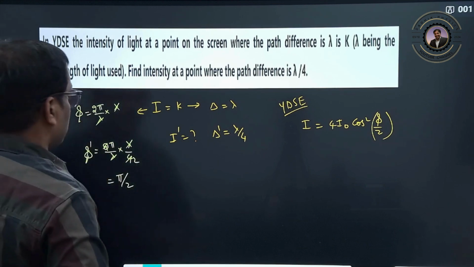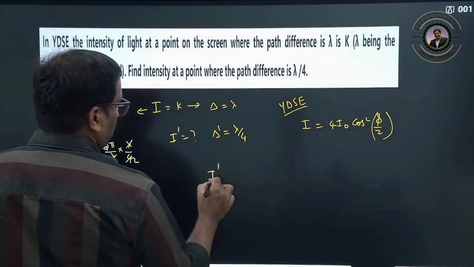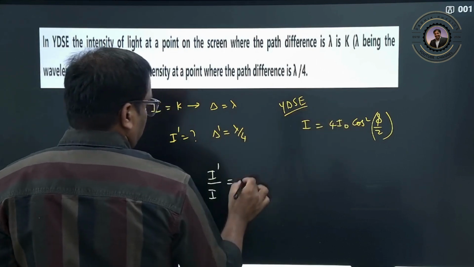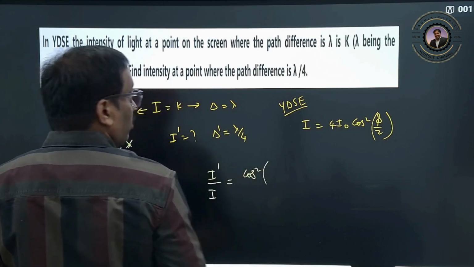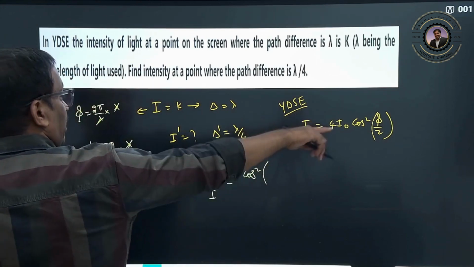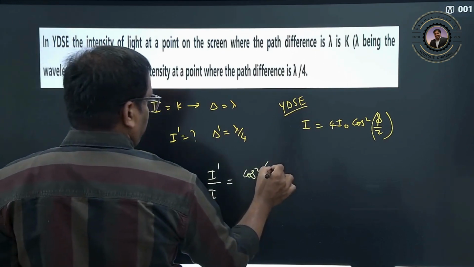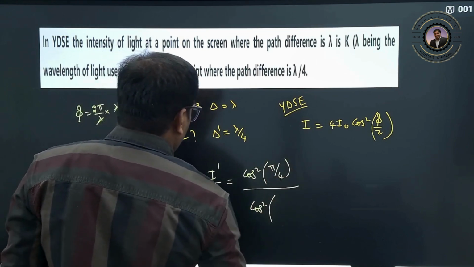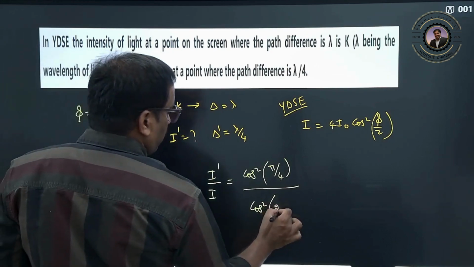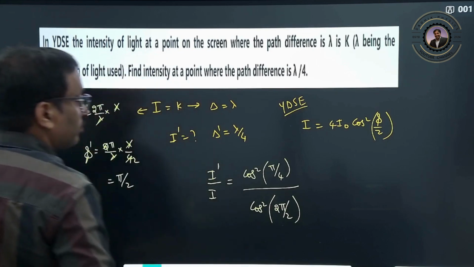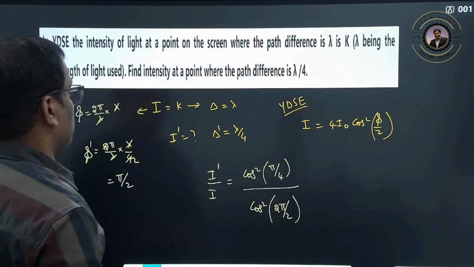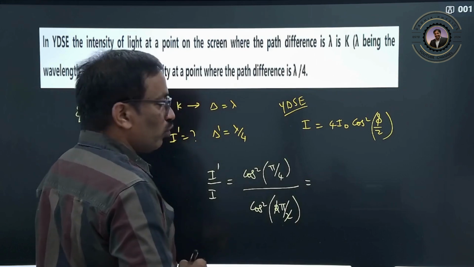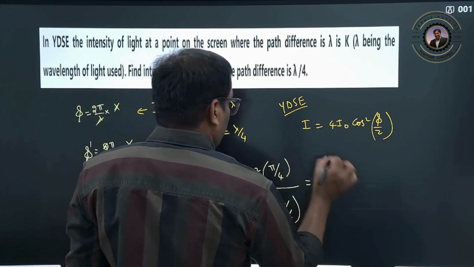Clear? So therefore I dash can be written by I. Both situations are the same, so this gets cancelled out. So cos square phi by 2 for I dash is pi by 2 by 2, that means pi by 4. Cos pi by 4 is 1 by root 2, and 1 by root 2 whole square means 1 by 2.